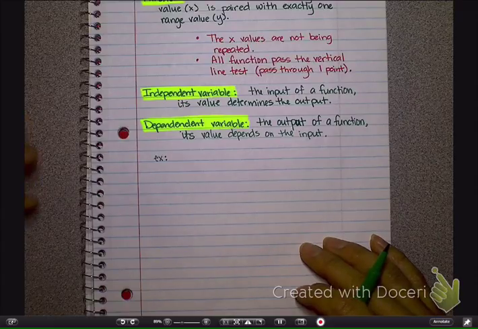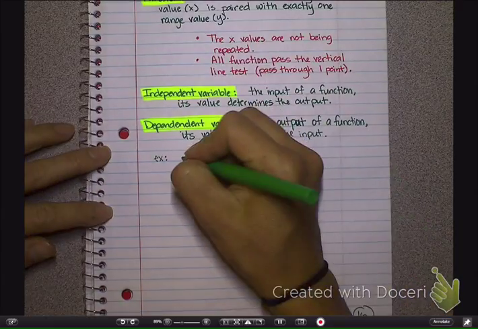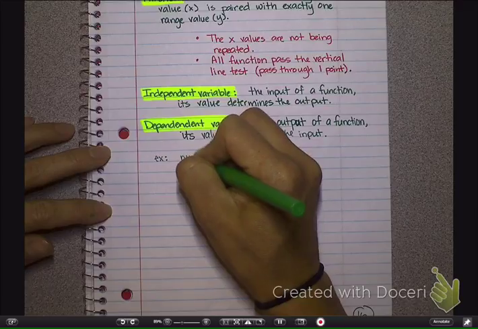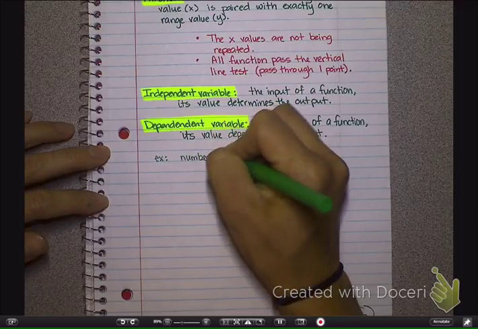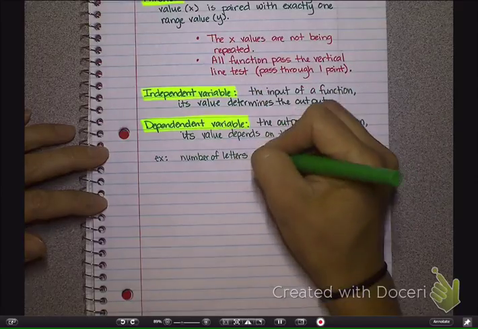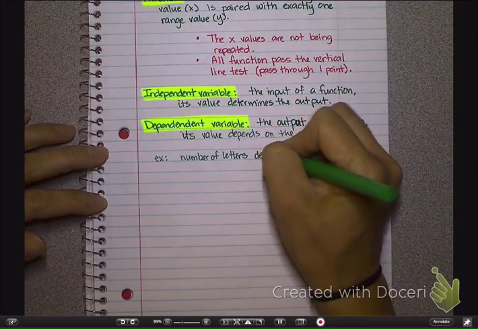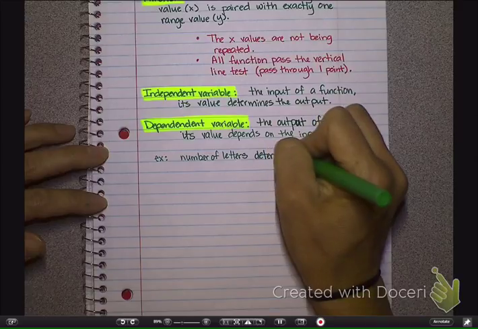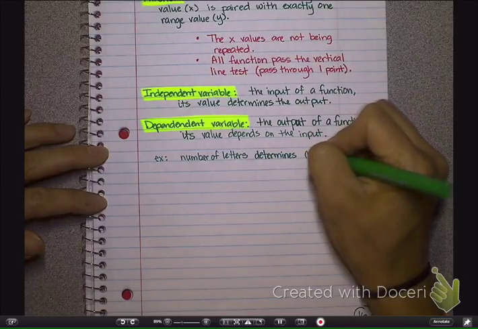Here's an example. The number of letters I send determines the amount of postage, or the total cost of the postage.